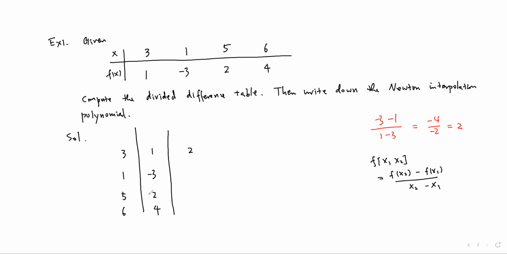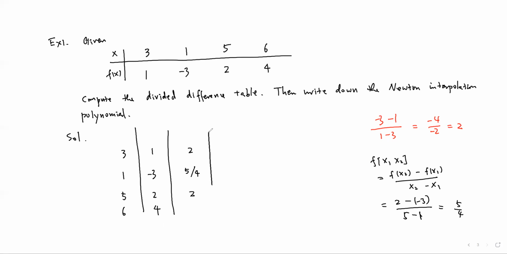So this number is 2 minus 3, then over 5 minus 1. So it is -1 over 4. Hmm, here, 5 over 4. This entry is this number, 4 minus 2, then over 6 minus 5. It is 2.